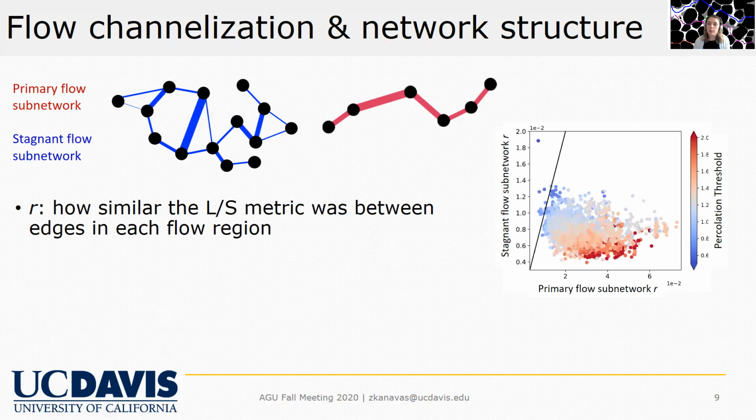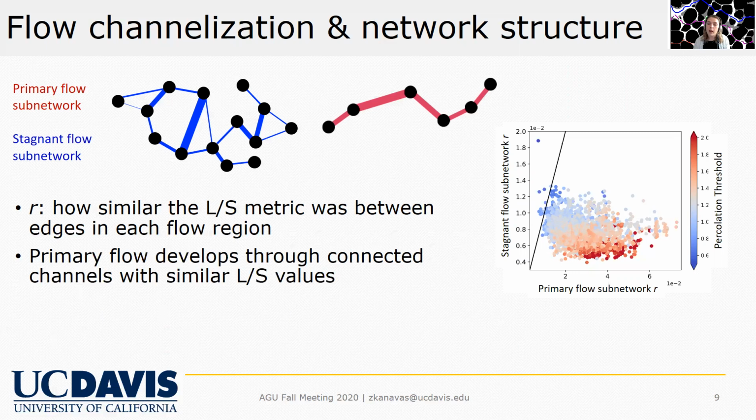Each data point represents one sample for which we can learn its stagnant flow order, primary flow order, and its percolation threshold. In this plot, most of the data falls below the black 1-to-1 reference line, showing that the order is greater in the primary flow region, and thus primary flow regions tend to be more structurally ordered relative to the stagnant flow region.